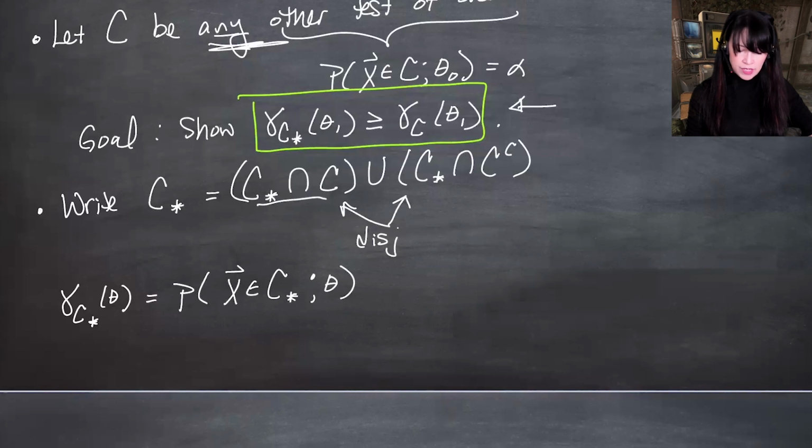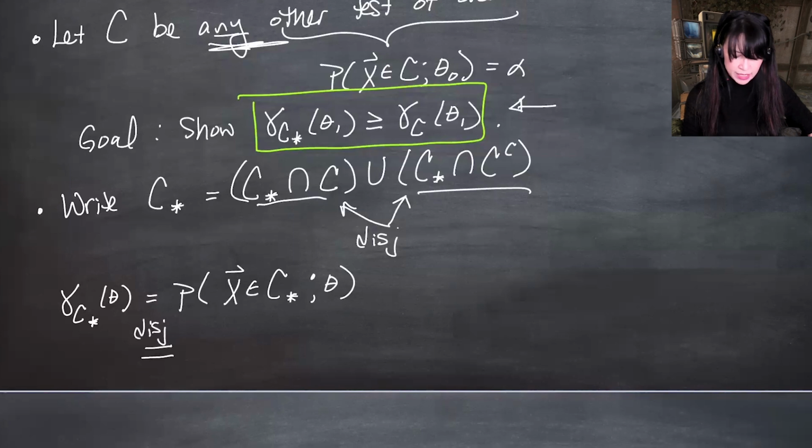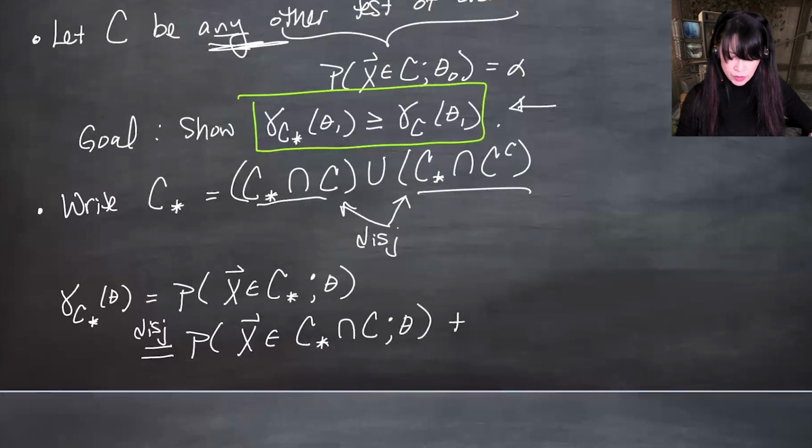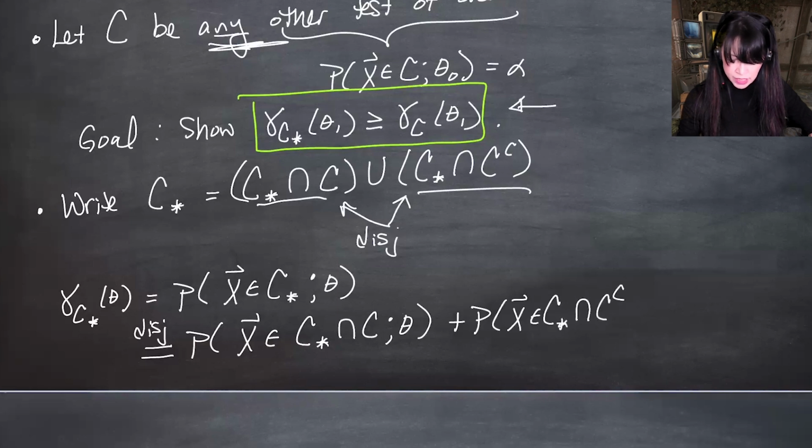And this is made up of this unioned with this. So the probability you're in a union of disjoint sets, because they're disjoint, you can get this probability by summing the two individual probabilities. So this is the probability that X is an element of C star intersects C when the parameter is theta, plus the probability that X is in C star intersects C complement when the parameter is theta.